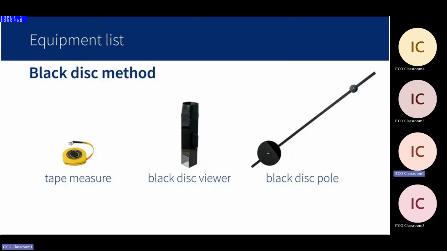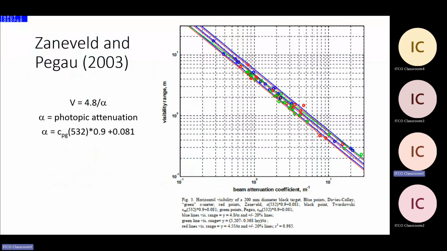There's a robust theory to this that I'll go into a little bit later on. But you need very, very simple materials to do this. And you can see it's quite robust. So this is a paper from Zaneveld and Pegau from 2003. And beam attenuation coefficient is very strongly linked to this horizontal visibility range.